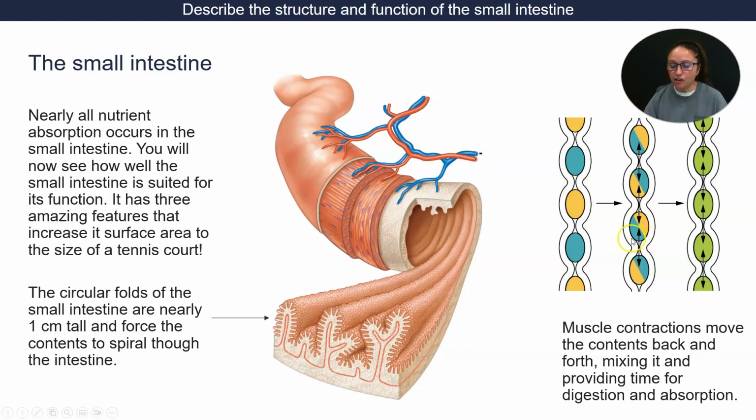So if you mix things up using muscle contractions, the food can hang around that area a little bit longer to make more contact with the cells in the small intestine. So stuff whizzes through, but it also goes back and forth to make sure we keep it there for a while.